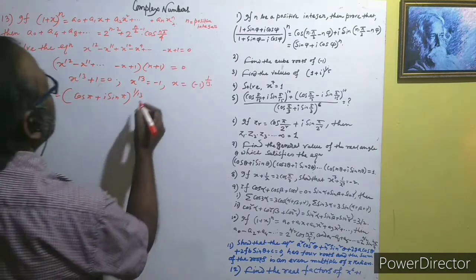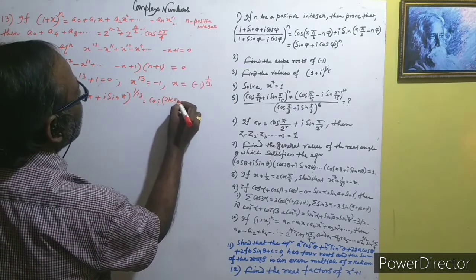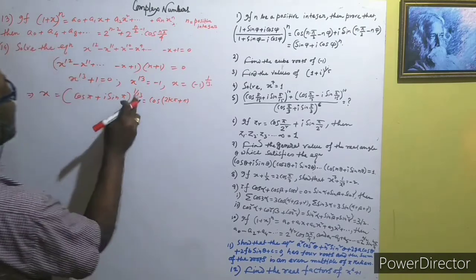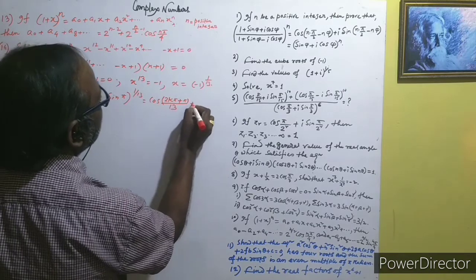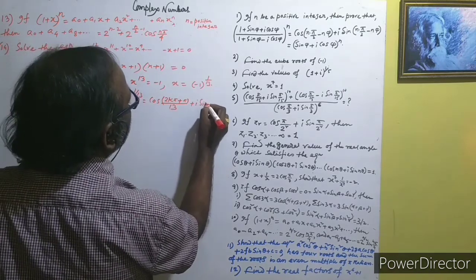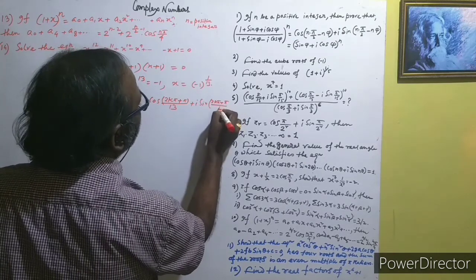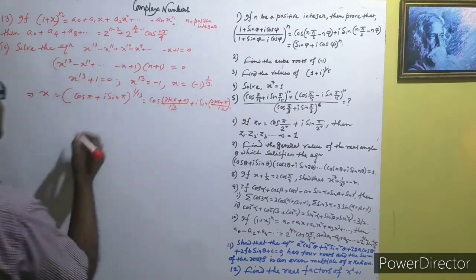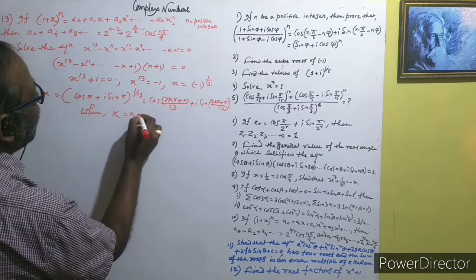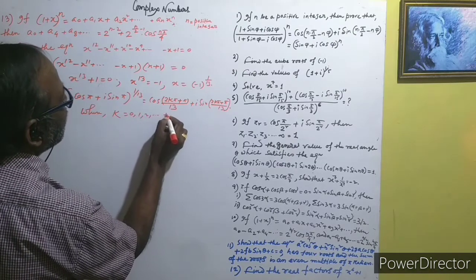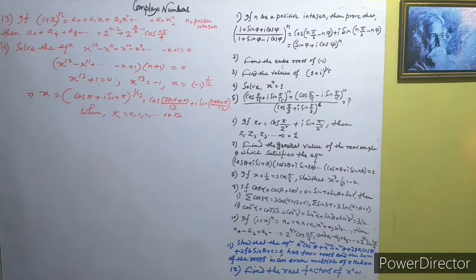So we add 2k pi plus pi, and then the number is multiplied by 1 by 13, for both cos and sin: 2k pi plus pi by 13, where k is equal to 0, 1, 2, 3 up to 12. Then you get the 13 solutions.